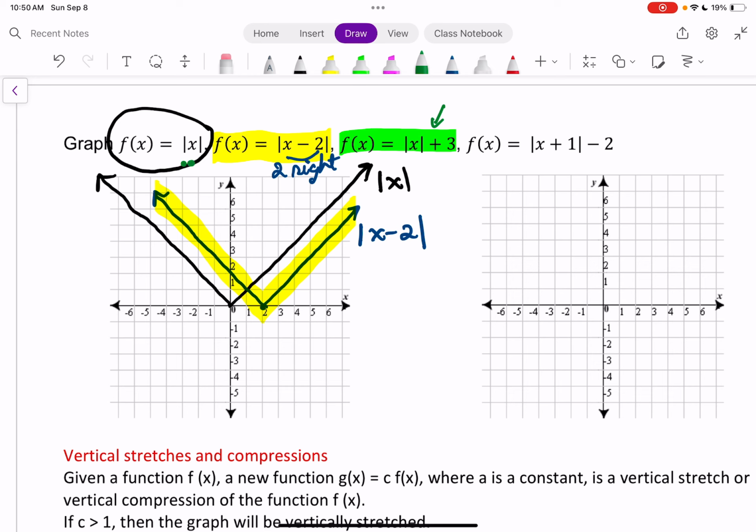So all the y's from before are now adding 3 units to them. So therefore, this graph is going to go 3 units up. So from before, I'm going to move all these points 3 units up. The shape is the same. It's still this V. So this is the absolute value of x plus 3.